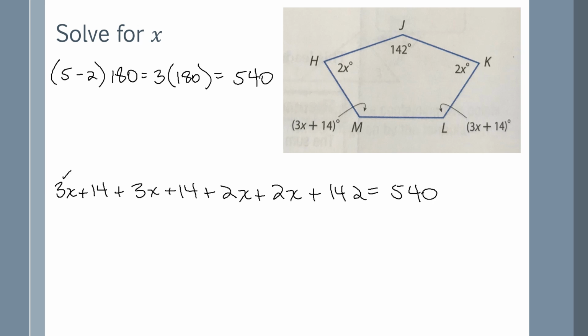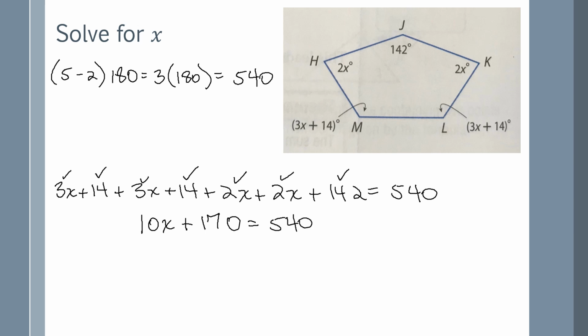So we get 3x plus 3x is 6x plus 2x is 8x plus another 2x. That gives me 10x. 14 plus 14 is 28. 28 plus 142 is 170. And that's going to equal 540.